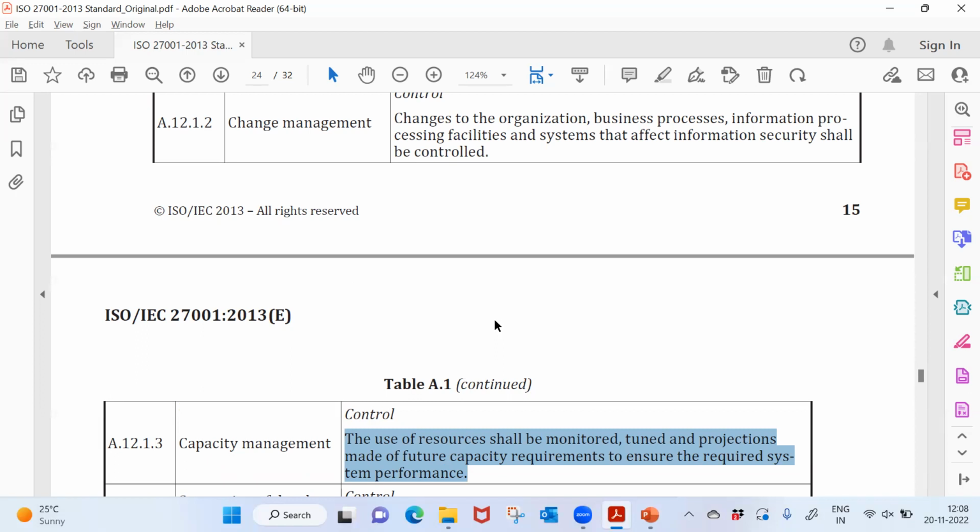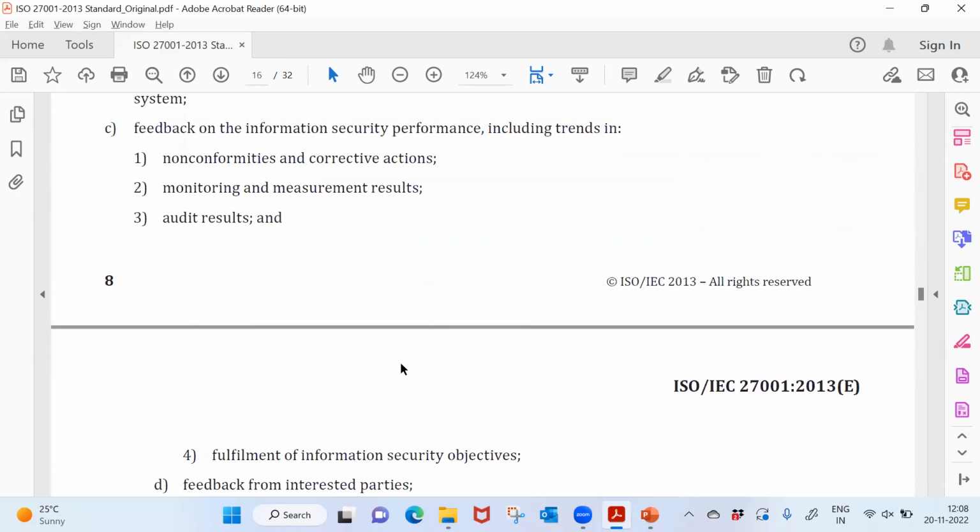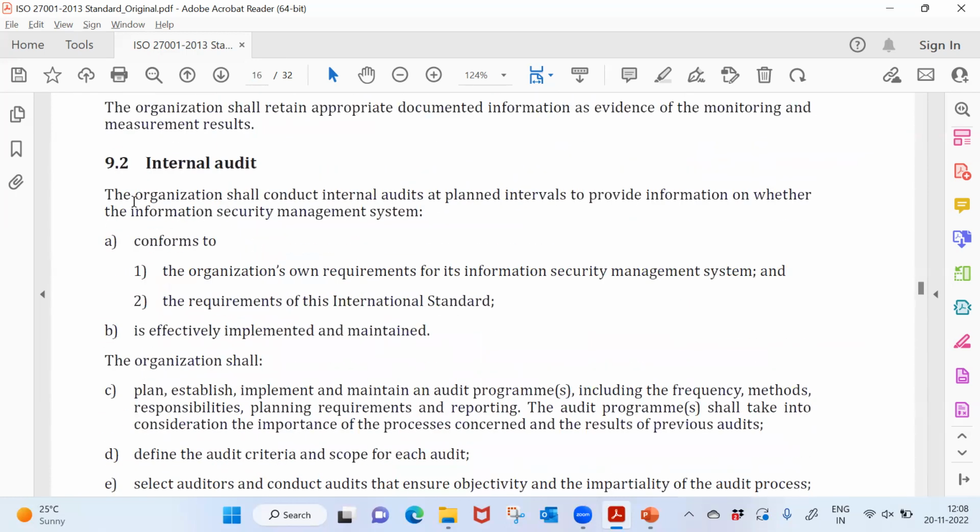Yeah, that's fine, that is very obvious. An internal audit has to be conducted internally first, and then we work on that, and then we go to the audit certification body. Very true, and we have discussed that as well. Internal audit has to be there, so there is no doubt on that.